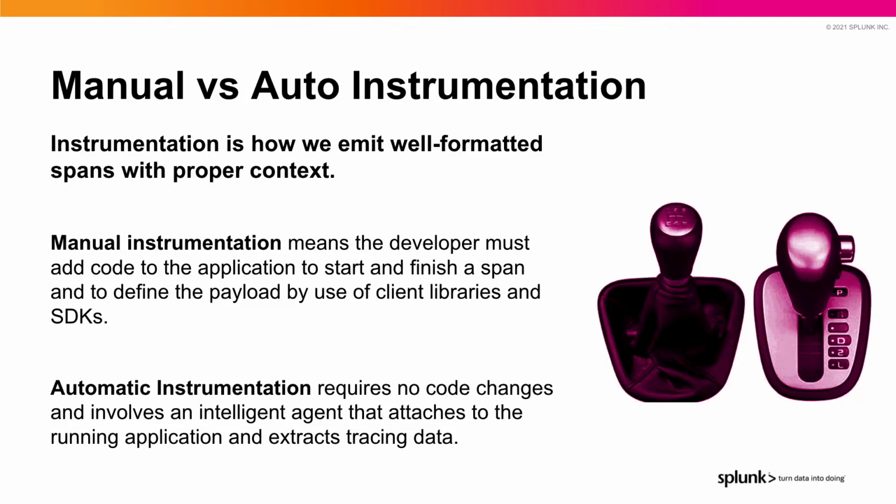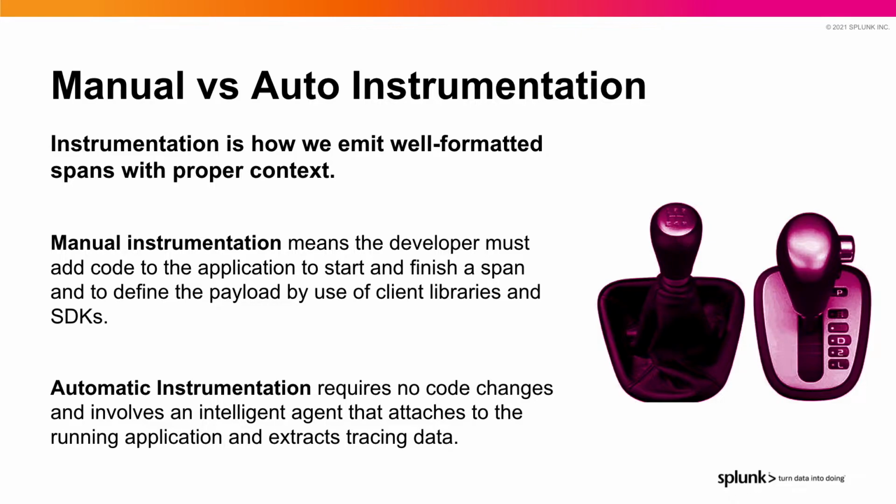Now, there are two ways we can instrument an application using OpenTelemetry: manual instrumentation and auto instrumentation. Let's take a look quickly at what the differences are between manual versus auto instrumentation. Manual instrumentation means that developers are required to change and add to their application code to start and finish a span, and define payloads by use of the client libraries.